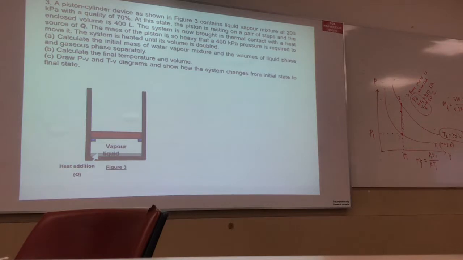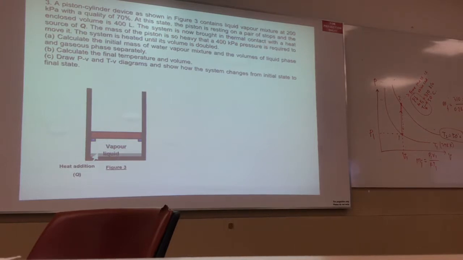Take a look. A piston cylinder device as shown in this figure contains a liquid vapor mixture at 200 kilopascal with a quality of 70%. At this stage, the piston is resting on a pair of stops and the enclosed volume is 400 liter or 0.4 meter cube. The system is now brought in thermal contact with a heat source.